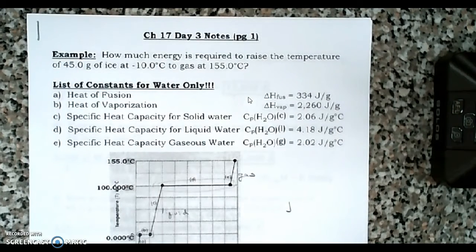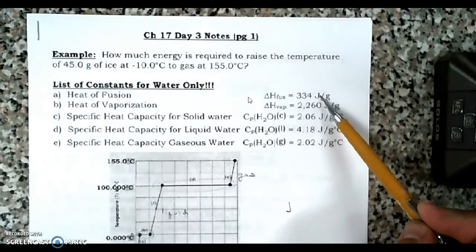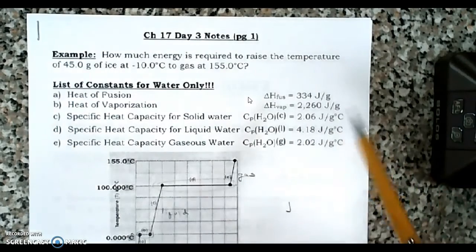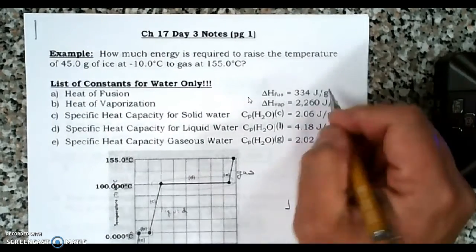So that's telling us how much energy per mass. So if we need that, that's going to be at a plateau because there's no transition, there's no change in temperature. Notice that it's just joules per gram. So it's going to tell us how much energy in a mass. So this is for a plateau B. I'll put here B.